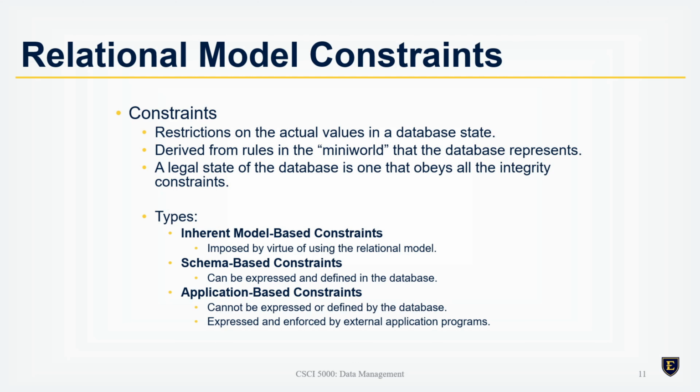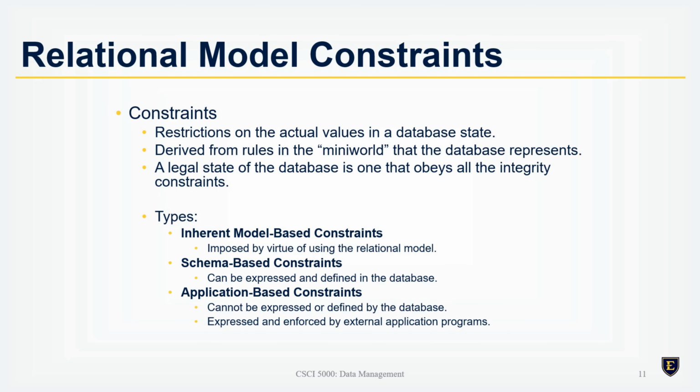We can express those and define those in the database. And then finally, application-based constraints that cannot be expressed or defined in the database, but we can express and enforce them through application programs that we write that use the data that comes from the database.